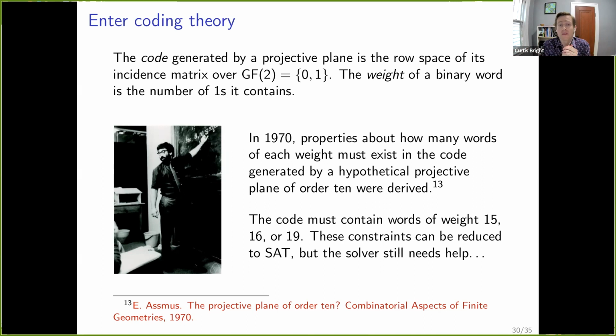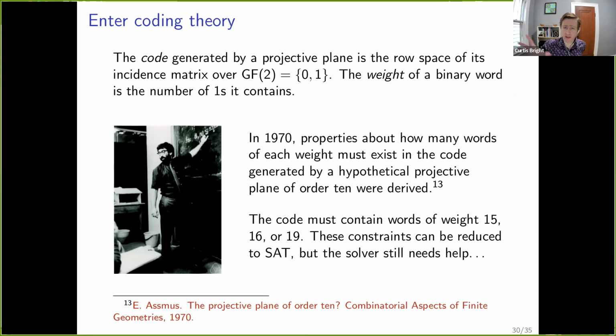And it's great for the search as well, because this gives you a lot of information. You can then break the search into basically 3 cases. Assume a vector of weight 15 exists, and then generate a SAT instance based on that. Assume a vector of weight 16 exists, generate a SAT instance, and then the same thing for 19. And this dramatically reduces the size of the search.